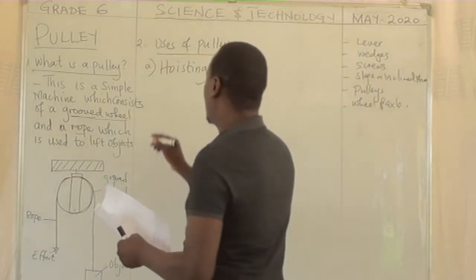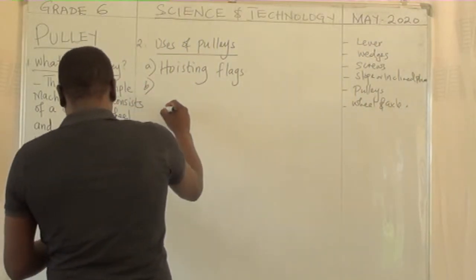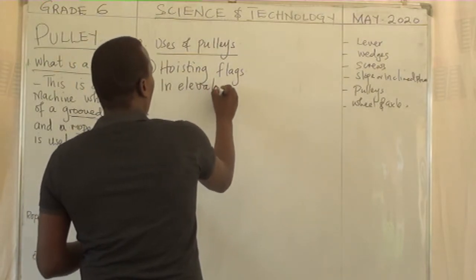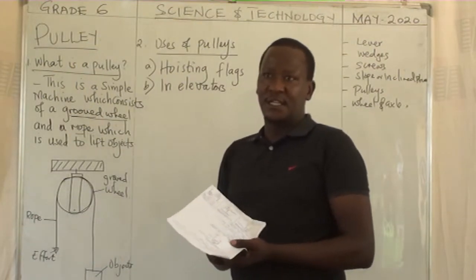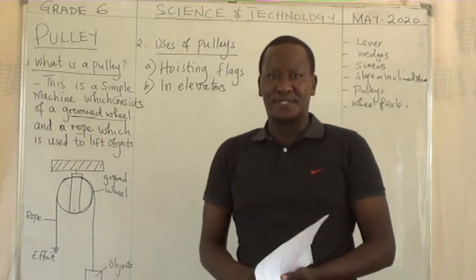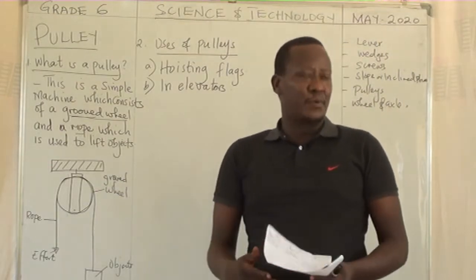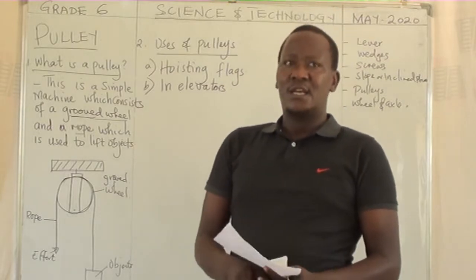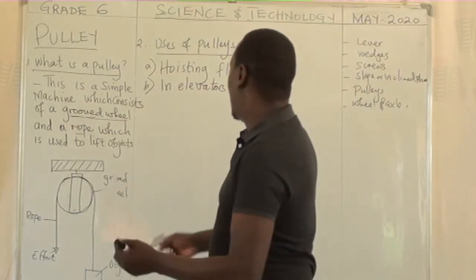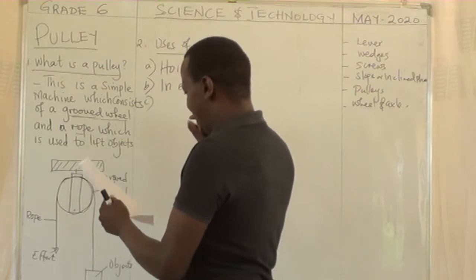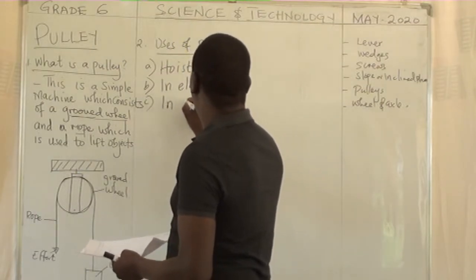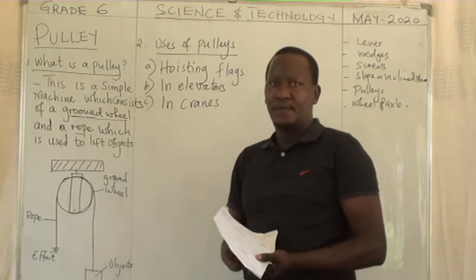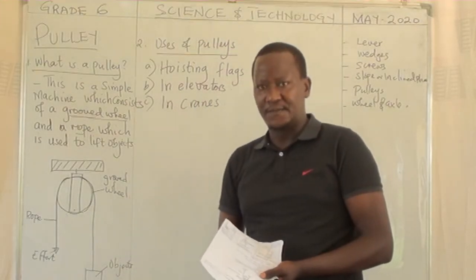Number two, we use pulleys in what we call elevators. Elevators, you know where you use them. Some of you go to very prominent buildings and you use elevators to go to the highest part of the house. Number three, we have the use of a pulley in what we call cranes, in lifting heavy objects.